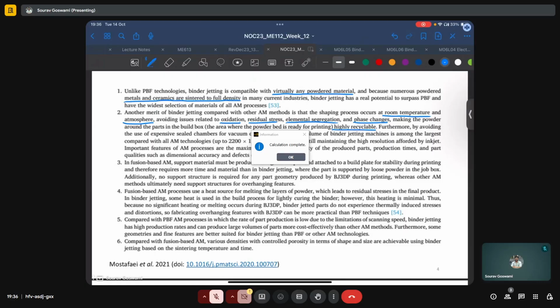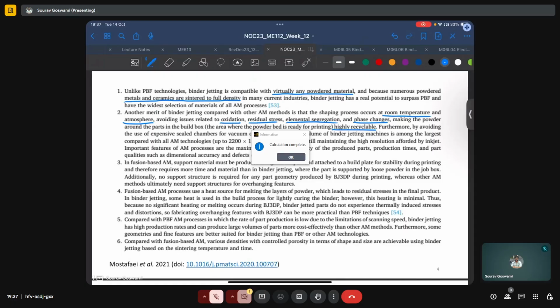Whereas previously we saw in the case of laser powder bed fusion, while the surrounding particle may not be getting molten or fused into the part which is getting built, it still experiences relatively high temperatures, which may lead to phase transformation and some sort of in situ heat treatment, thereby altering the properties of the powder.